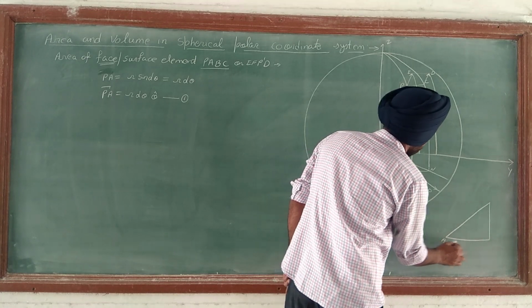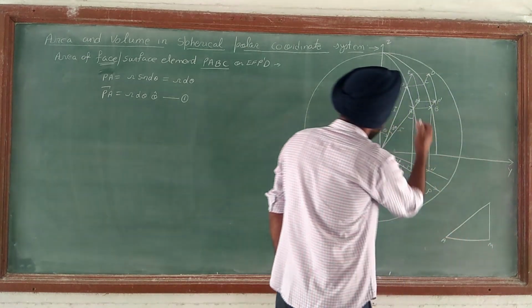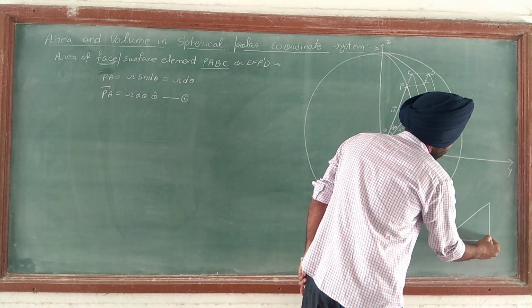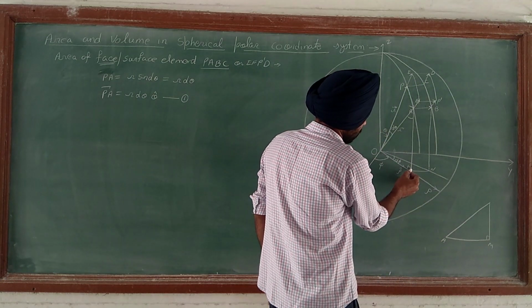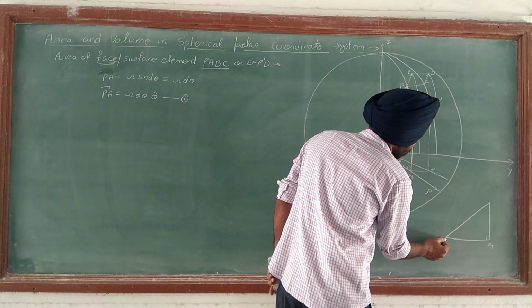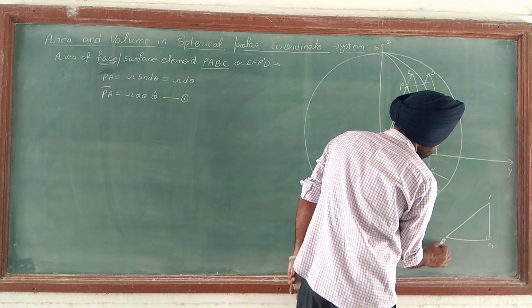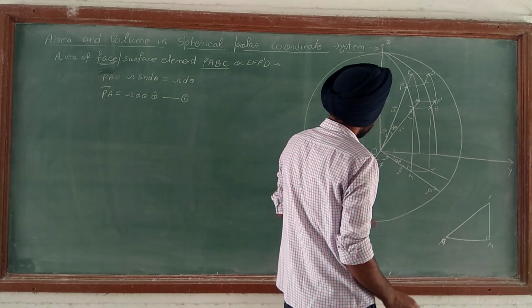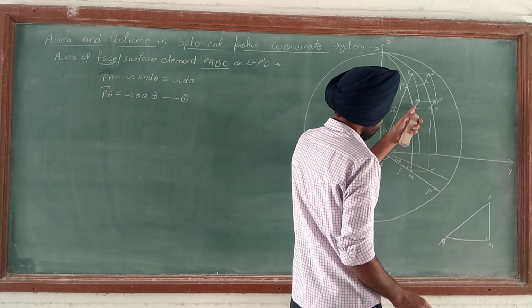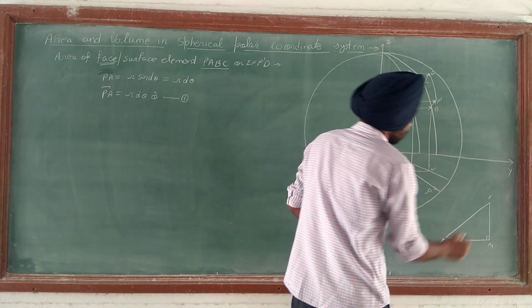This is A, this is M, this is the perpendicular. M is perpendicular on O. This is A, this is M, this is O.